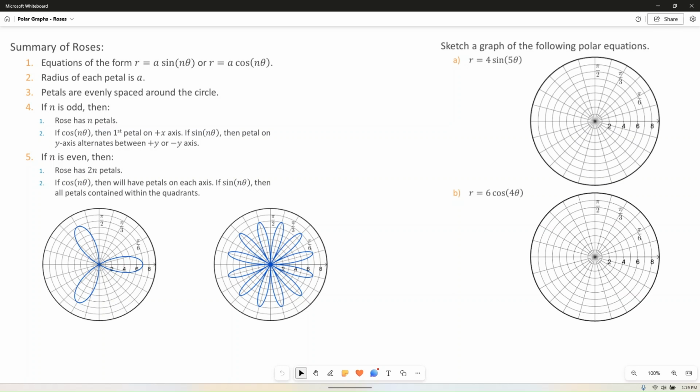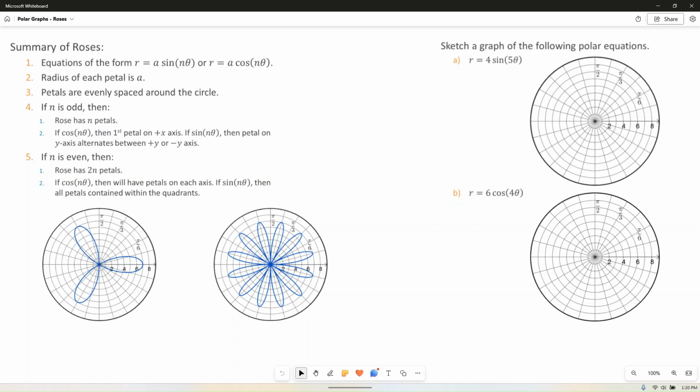So 4 of the even number of petals will be on the x and y axes, and the rest of them are just evenly spaced. If you have the sine graph, none of them are on the axes. They are all within the quadrant spaces, and they're just, again, evenly spaced around. If you take the number of petals and divide it by 4, that tells you how many you have in each quadrant.